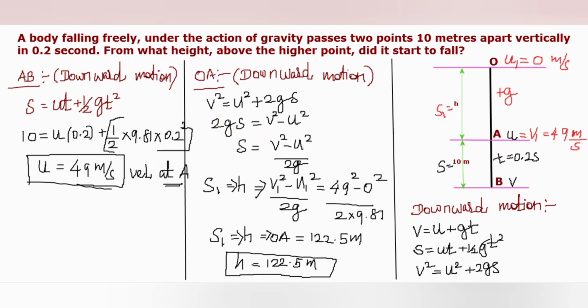Then we took the third equation and derived S equals V square minus U square by 2G, substituted the known values, and calculated S1 as 122.5 meters. That is the height of point O from which the body falls freely, 10 meters above point A. I hope you all understand this numerical.